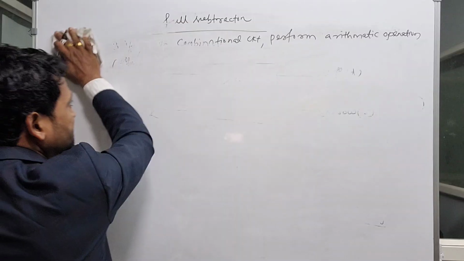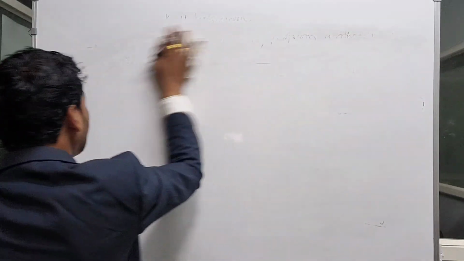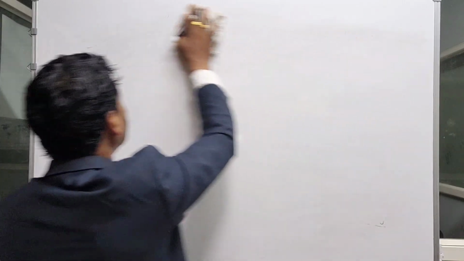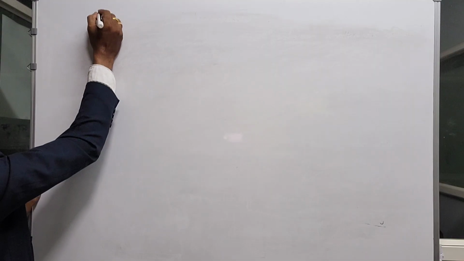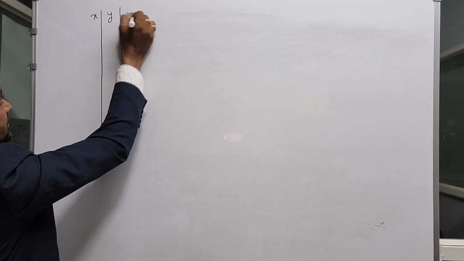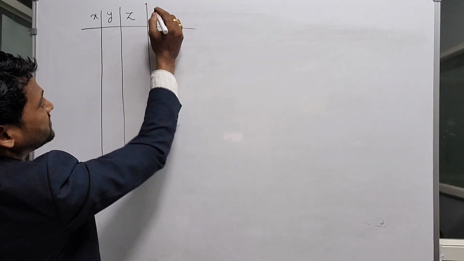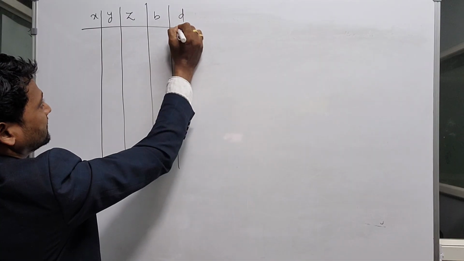So now coming to the truth table. Why is the truth table important? Because we need to design the circuit. To design a combinational circuit, first of all we need to write the truth table. Since there are 3 inputs, I am writing here x, y and z as the inputs. And the outputs: one is borrow and the second is difference.